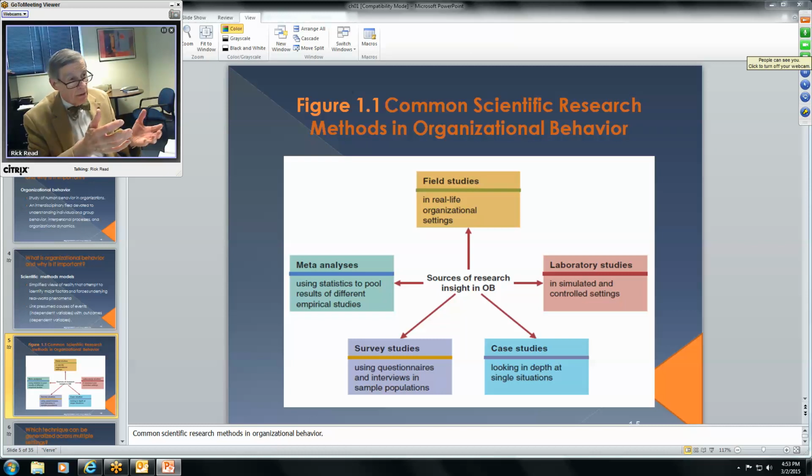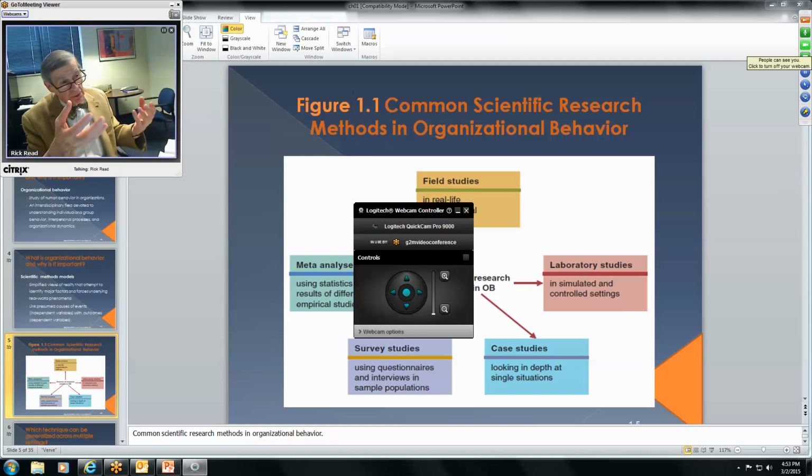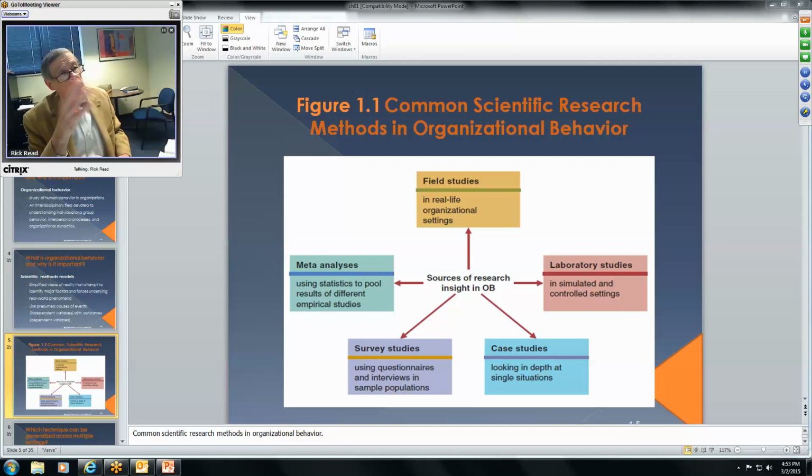A field study means it takes place where we want it to take place, to use a term, where the action is. And we won't do laboratory studies because those are simulated in some way, and there's a controlled setting. We will use case studies, and we use case studies throughout this course.